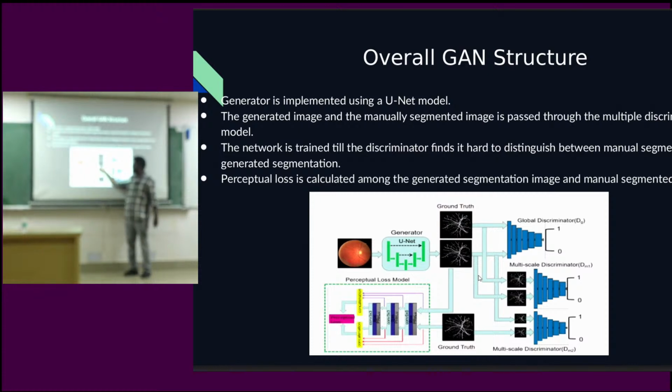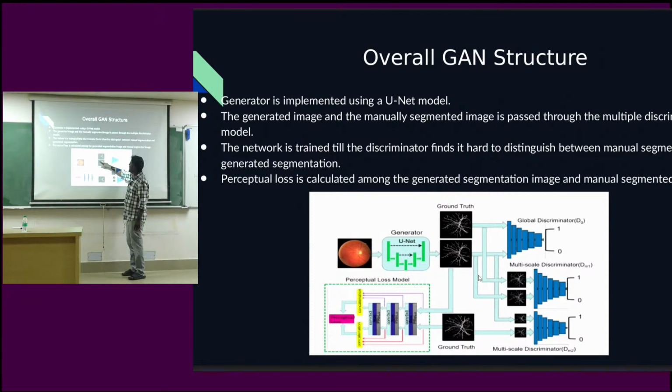Initially you don't get the perfect segmentation, but after training, if you give more data, you may see accurate segmentation. The generated image looks exactly like the ground truth.